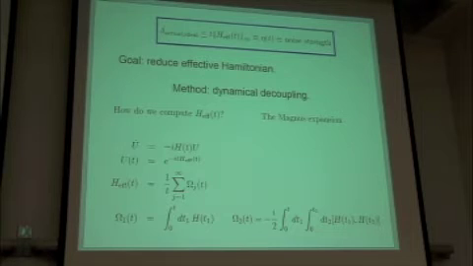And the Magnus expansion is the following. You have a Schrodinger type equation, a first order linear differential equation, operator valued, and you write the unitary in terms of what I call the effective Hamiltonian. You expand it as an infinite series, and then the Magnus expansion tells you what the terms of this series are. For those who are familiar with the Dyson series, you actually expand U of t in powers of t.